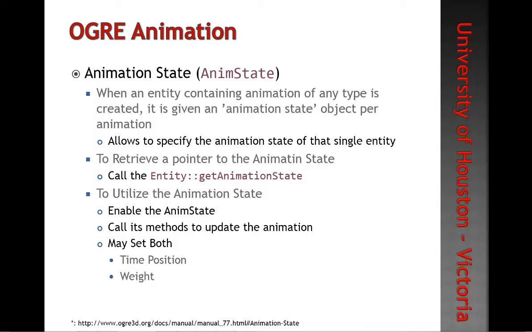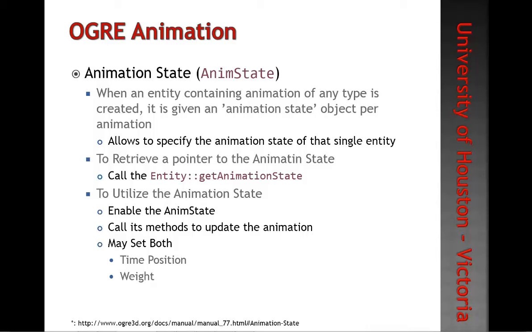When an entity that contains an animation of any type is created, the Ogre system will give this entity an animation state object per animation, to allow you to specify the animation state of that single entity. You can animate multiple entities using the same animation definitions, and Ogre sorts through them internally to use the animation states.